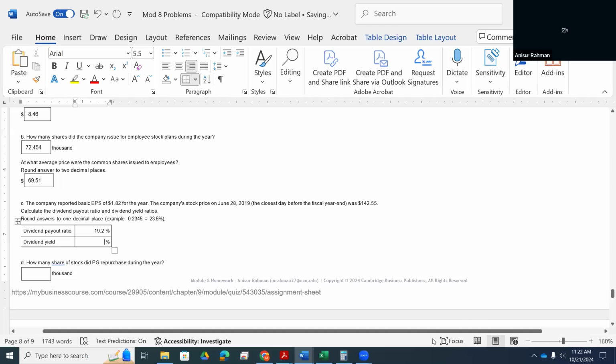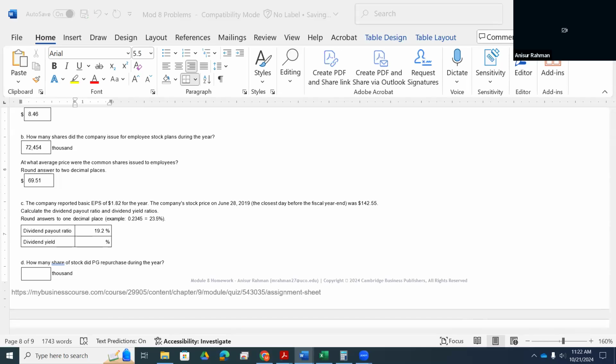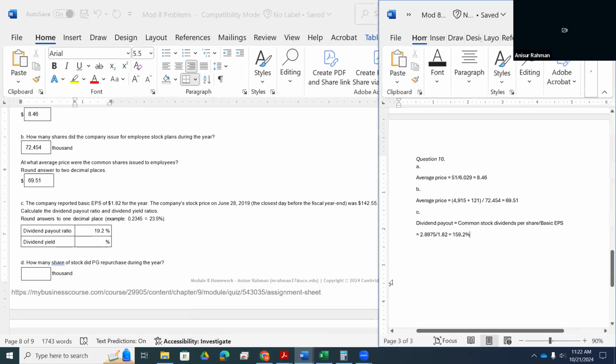And dividend yield. The dividend yield formula is dividends per share divided by current share price.